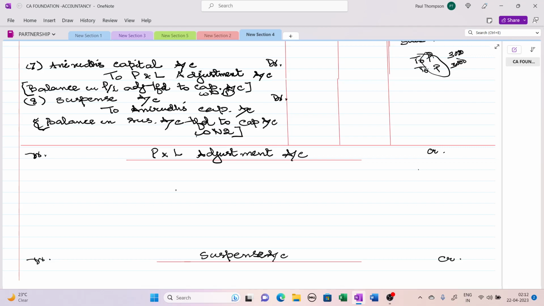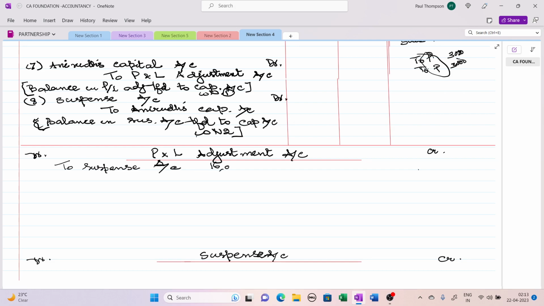See here, first item I had put PL adjustment account debit. So I am going to write on the debit side, but we never write the same name inside that. We are going to write the reason for debiting the PL adjustment account, to suspense account. First entry is PL adjustment debited 16,000 to suspense account, 16,000.